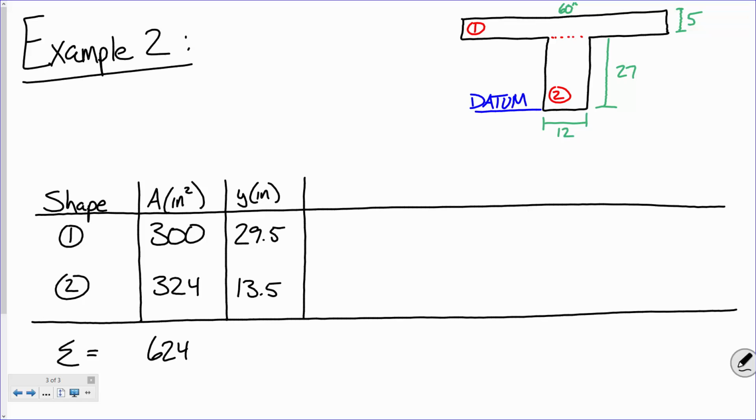We don't need to add those up, right? But we do need a centroid, and how do we calculate the centroid? Sum of AY over A. So we need A times Y. So we just take each of these terms and say, what is 300 times 29.5? What is 324 times this?